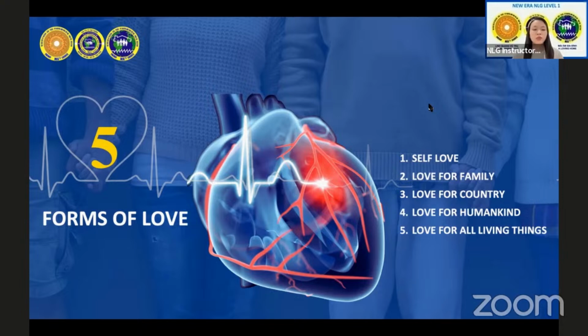So here at NLG, we break it down for you in the 5 forms of love. Let these elements guide you in the way that you speak and how you react to the things around you, how you face adversities, how you respond to people or situations that perhaps you disagree with or dislike. And in case you see really limited improvements, then try to explore why.